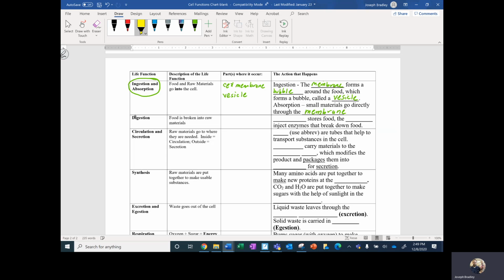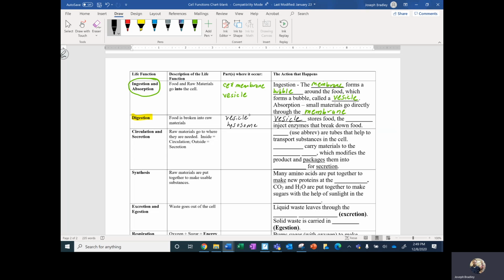Okay, digestion is going to be our yellow one. No, I'm not going to write in yellow, but as it says, food is broken down into raw materials. The parts where this is going to happen are the vesicle, and it's going to happen with the aid of the lysosome. So the vesicle is going to store food.